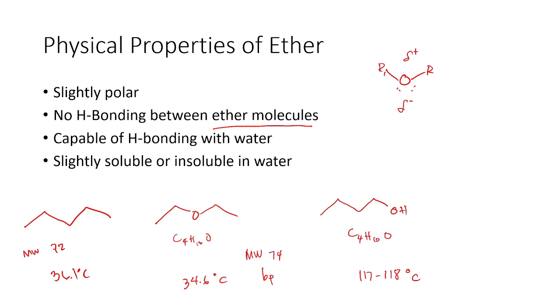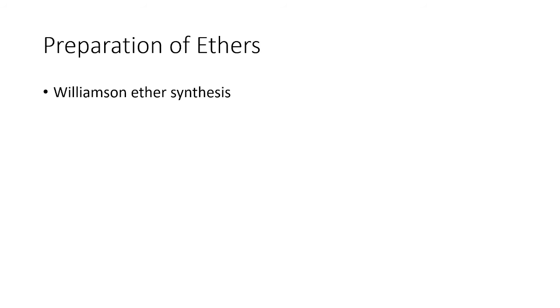So in that, let's have the reactions within ether. But before that, let's first discuss the preparation of ether. There are actually two ways. Hindi pala two ways. There is actually one way on how we can synthesize.